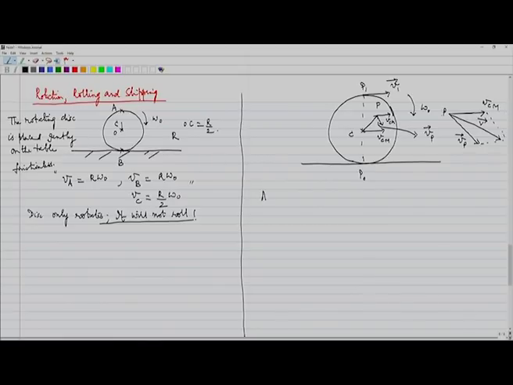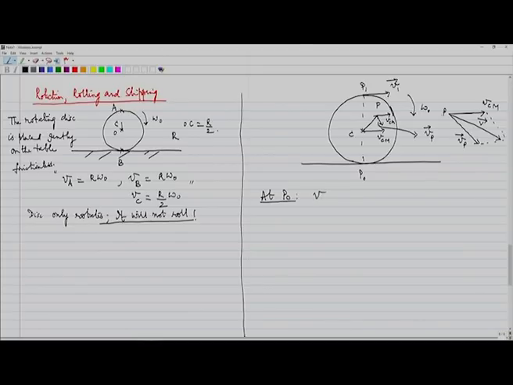At P naught, what will happen? Due to rotation, it is exactly the same as VP naught.